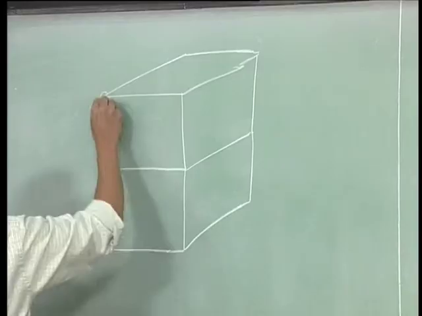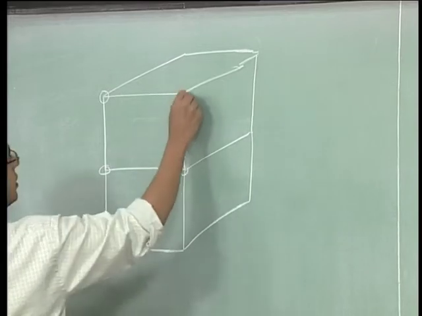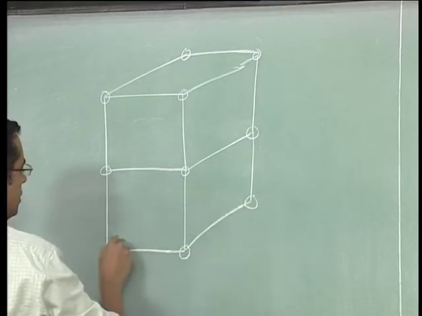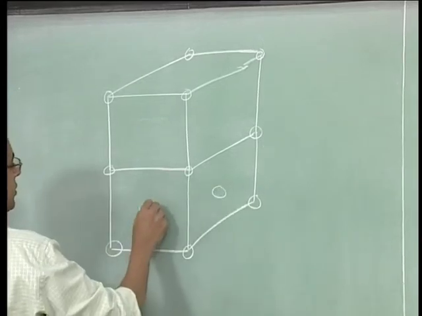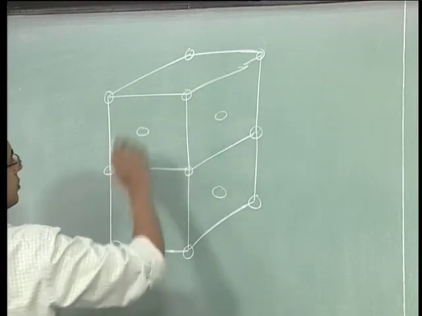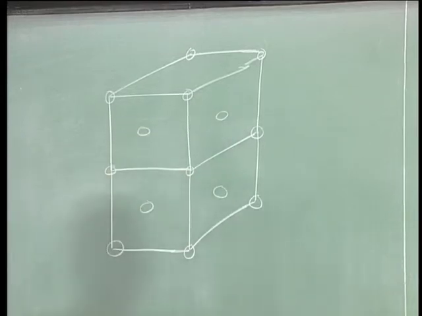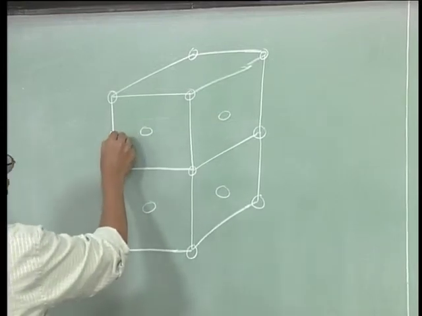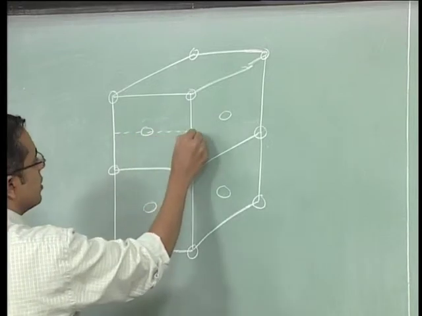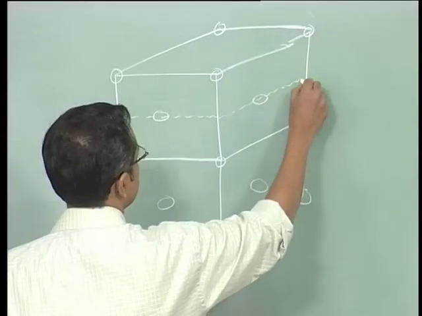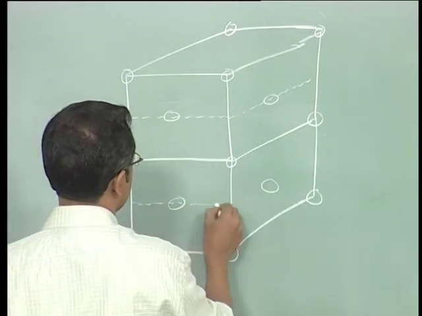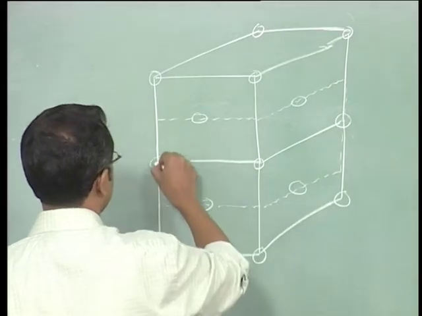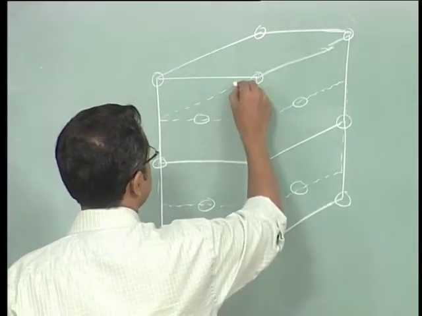We will have lattice points at these locations, and these would be the face centers. We can always imagine a diagram where we take this line here and then look at the unit cell that way.